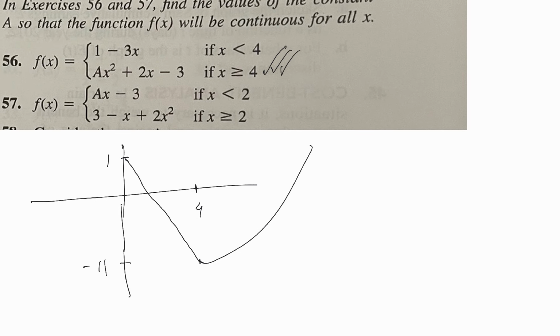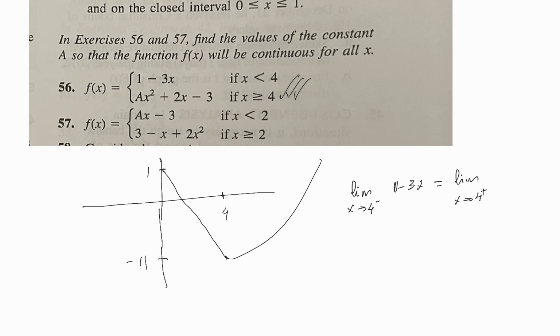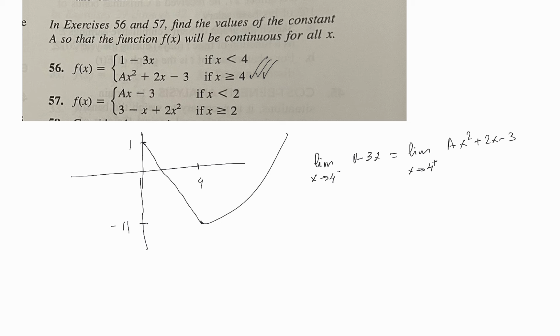To make it continuous means that the limit when x approaches 4 from the left of the function 1 minus 3x should be equal to the limit when x approaches 4 from the right of the function ax squared plus 2x minus 3. So the limit when x approaches 4 from the left is minus 11. And the limit from the right of the function is a times 4 squared plus 2 times 4 minus 3.